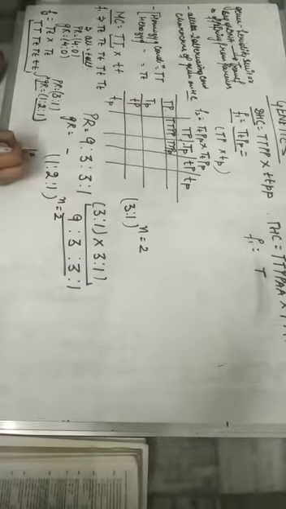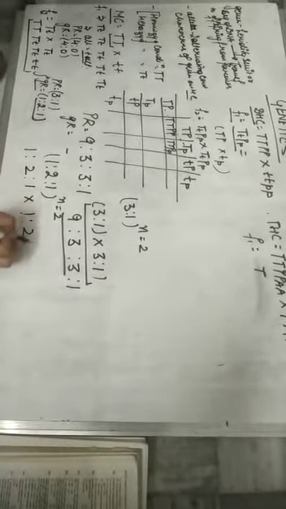We get 1:2:1 cross 1:2:1, and the ratio we get is 1:2:1:2:4:2:1:2:1. This is the genotypic ratio.